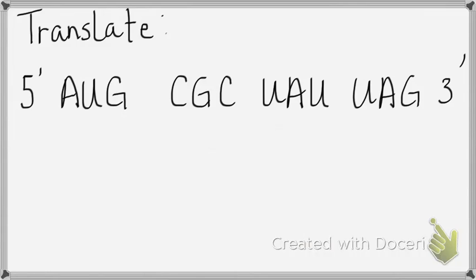If you have your genetic code. Genetic code looks like this. And don't forget, the genetic code will always be given to you. If you don't have one, come on up. Sir?